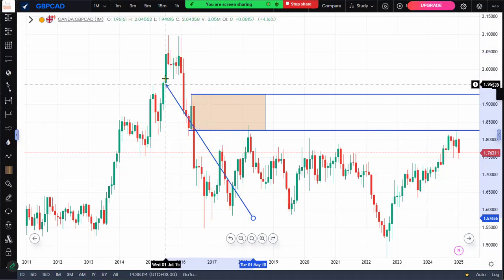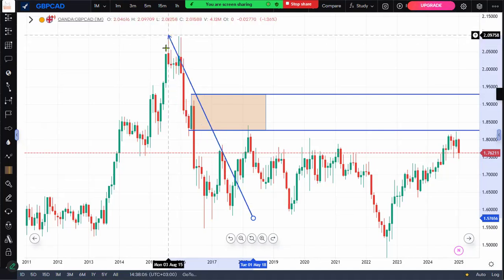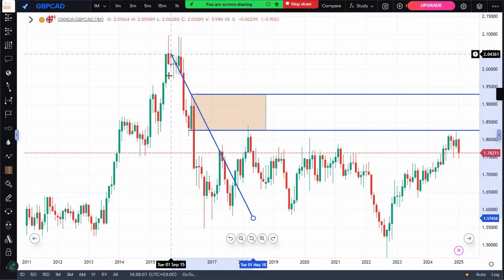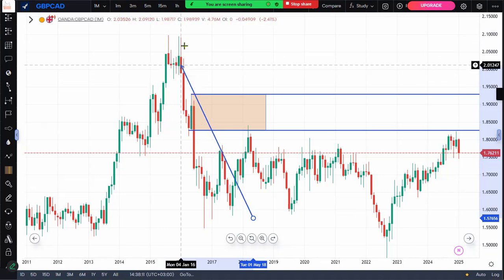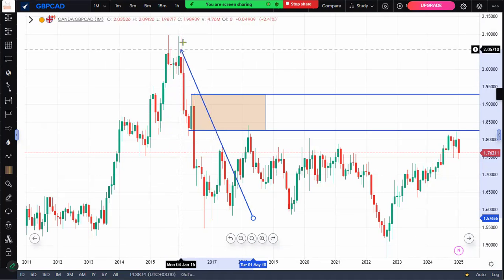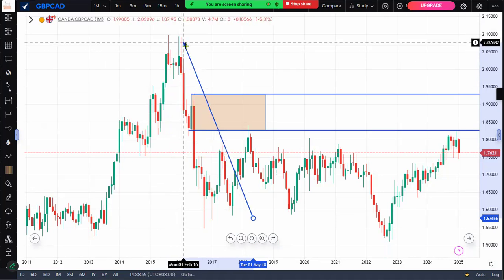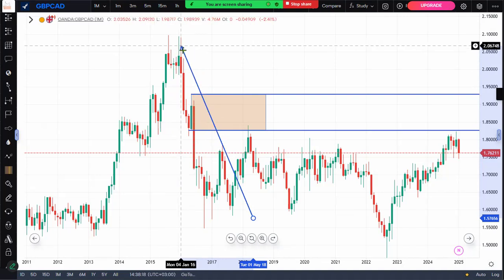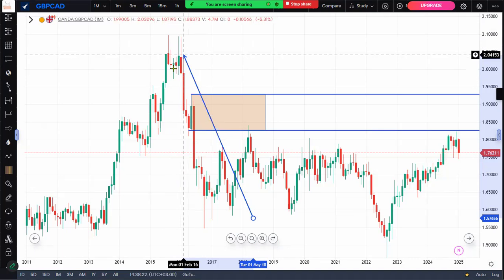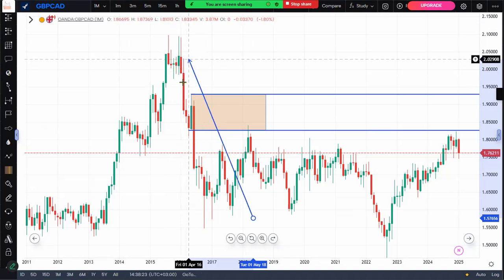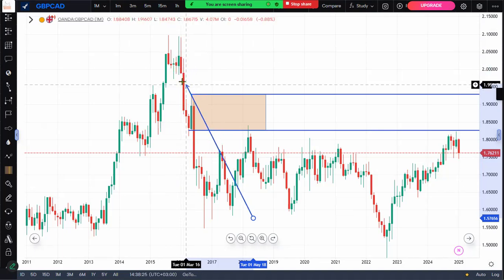You see this one is an explosive candle, then indecisive candles. This one is almost looking like a decisive candle, but you can see the body is less than 50%. This one we can also call indecisive. Then this is an explosive candle because it's breaking away from the zone.